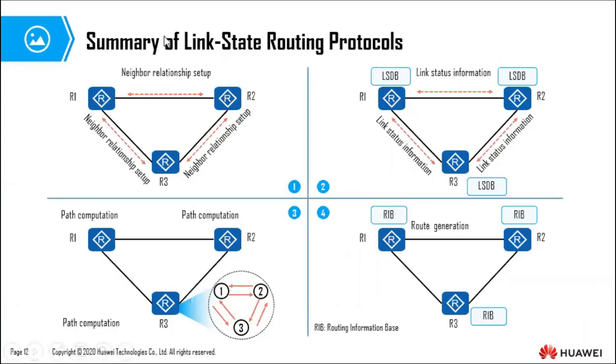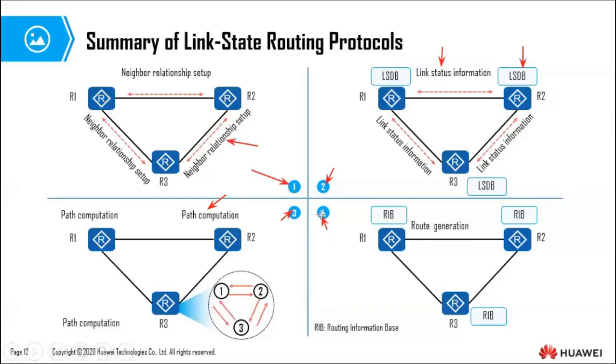Okay. So again, just a summary of what I had just typed there. So step number one, we establish neighbor relationships. Step number two, we do what? We share link state information, LSAs, link state advertisements. Oh, in step number two here, they have also included saving the link state advertisements in LSDBs. Then on step number three, you calculate using the SPF algorithm the best route to each destination.